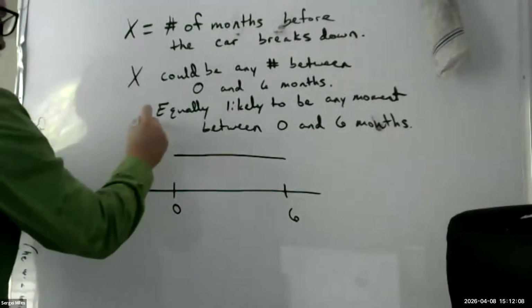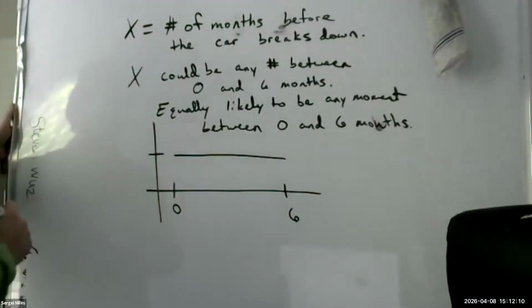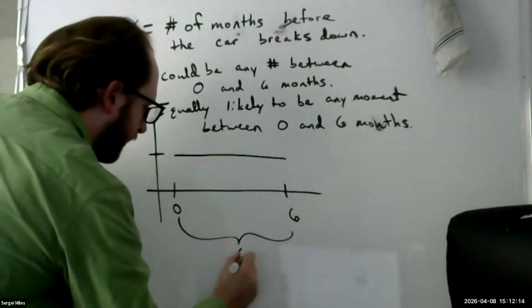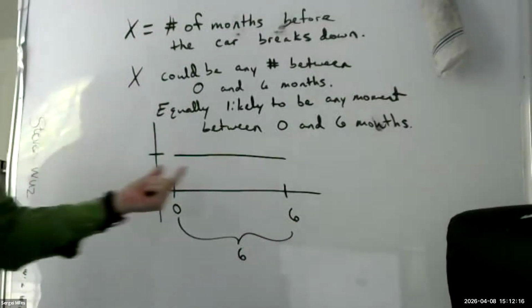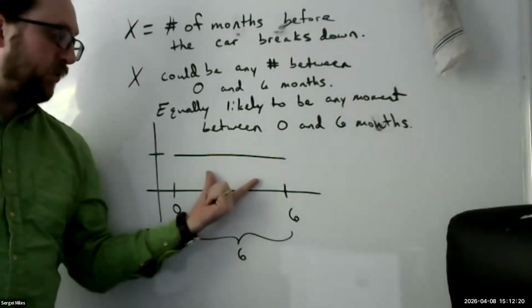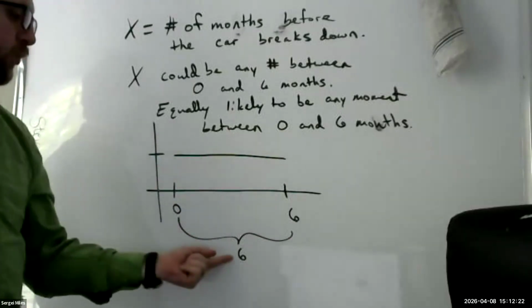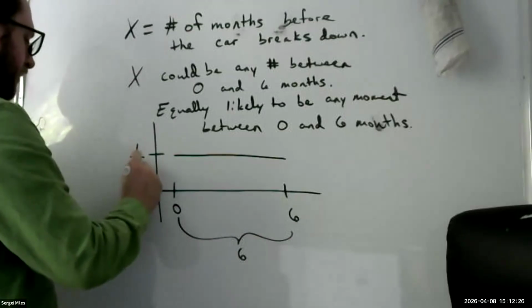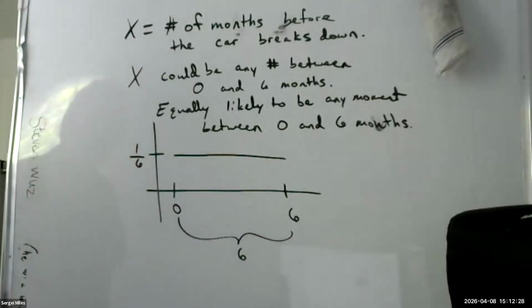All right? So then what is its height? Well, the total base of this rectangle is 6. The entire area has to add up to 1. And so length times width, then the height of this rectangle has to be 1 over 6. Okay, so not too surprising.